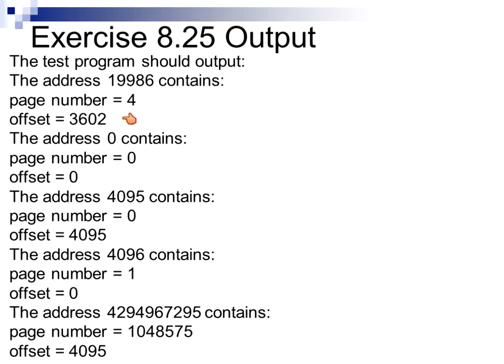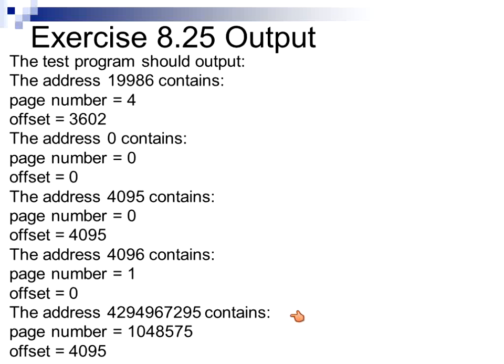Remember that your page numbers start at 0, and your offsets start at 0. So the first physical page in memory is page number 0. The second physical page in memory is page 1. So if I have an address that's 4,096, it's in the second page in memory, which is page number 1, offset 0.